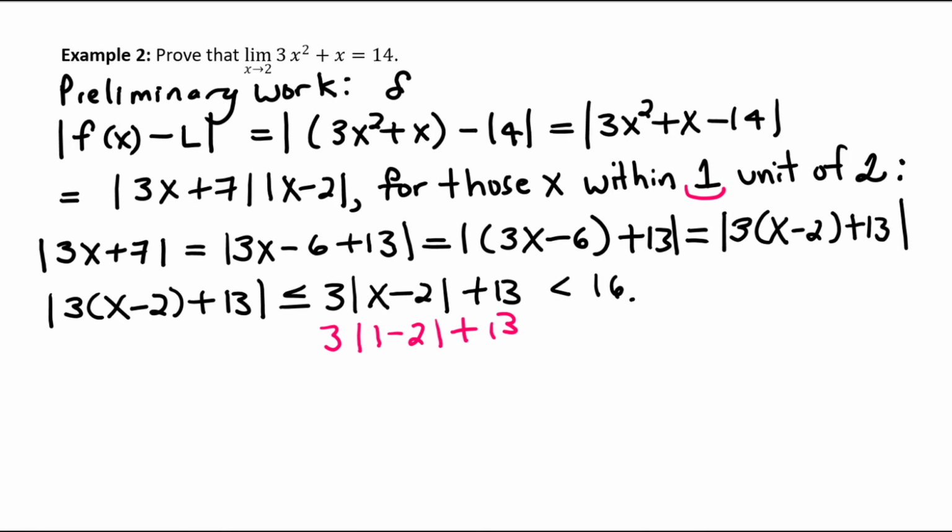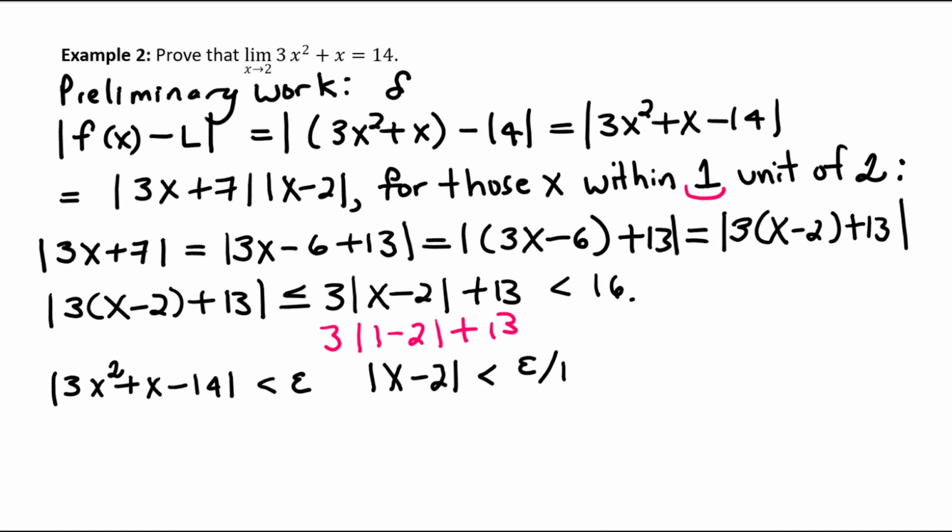Back to the preliminary work. In this case, the absolute value of 3x squared plus x minus 14 will be less than epsilon, provided that our absolute value of x minus 2 is less than the epsilon divided by 16.